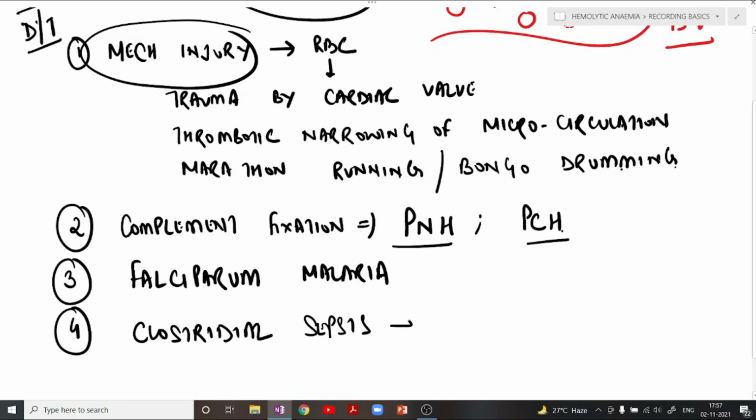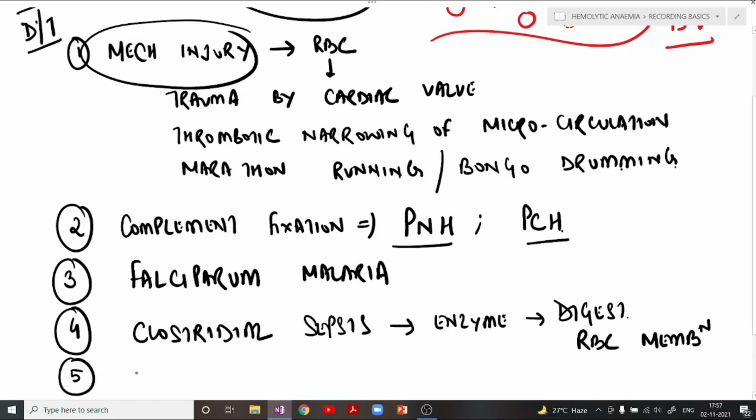It releases certain enzymes which can digest the RBC membrane easily. And last but not the least, the most important is mismatched blood transfusion or blood transfusion reactions. In case you have given a wrong blood group to a patient, then there will be intravascular hemolysis. Actually, this is the most relevant example of intravascular hemolysis.